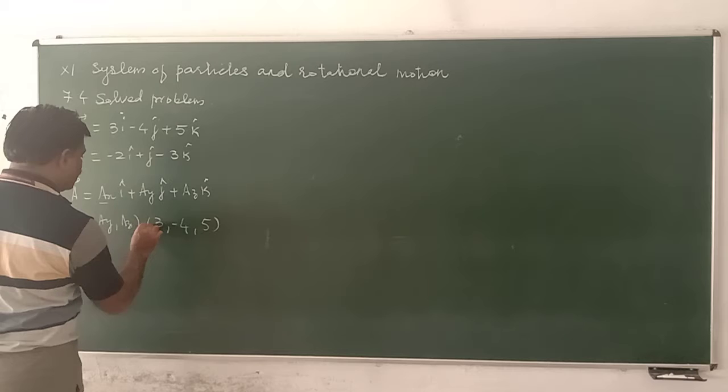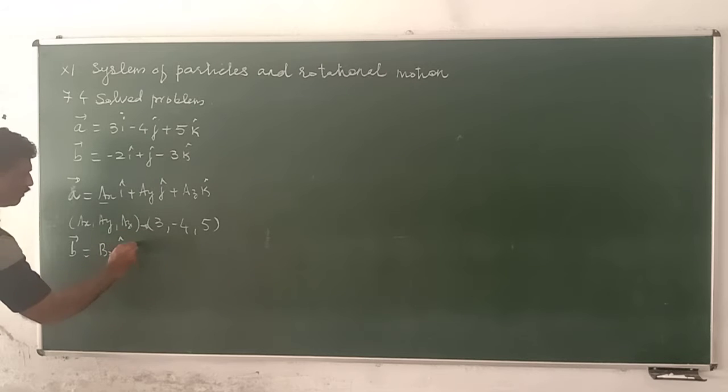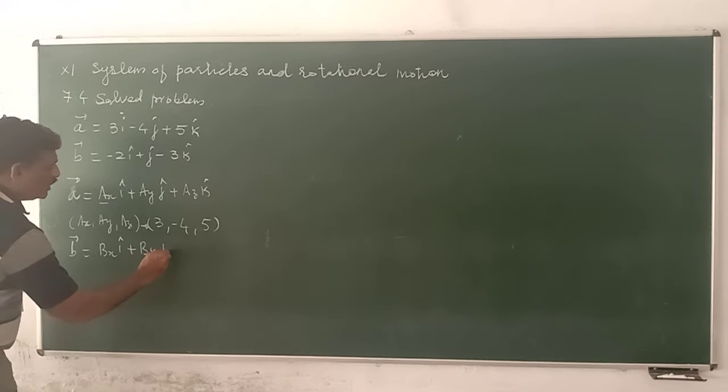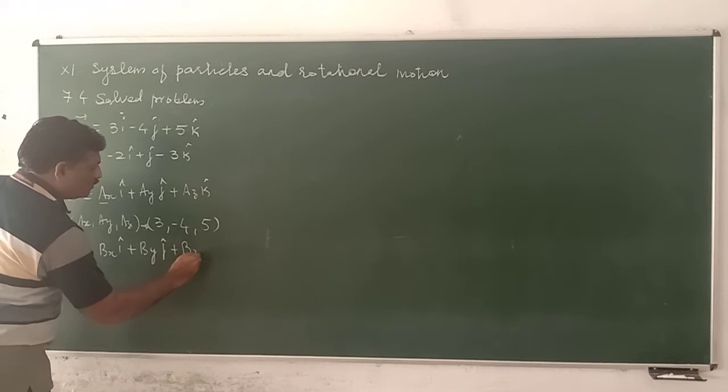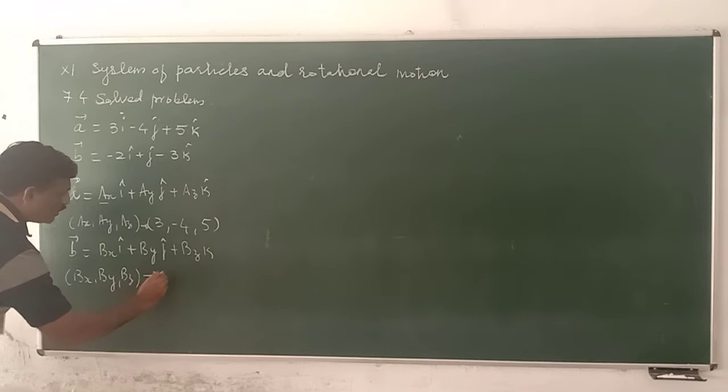Similarly, small b is equal to Bx i plus By j plus Bz k, where Bx, By, Bz are coordinates.